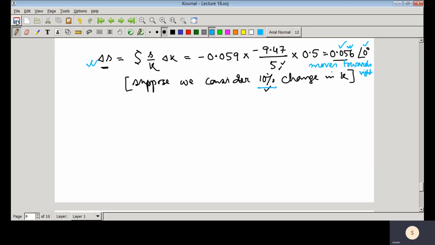So the last topic in root locus is the root locus for positive feedback system. So far we have discussed root locus for the negative feedback structure.